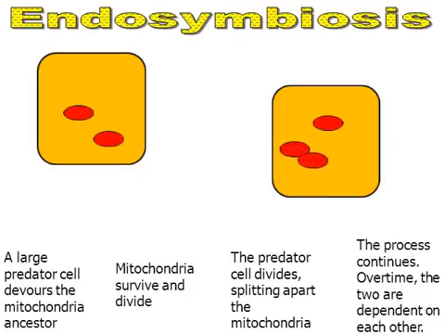So the mitochondria ancestors keep multiplying, and then the orange predator cell divides in half. And over time, over millions and millions of years, the two have become so dependent on one another that they can't survive without them. So this is what the endosymbiosis theory tries to explain, how cells became more complex. How did we obtain certain cell parts? And this is the explanation for how we think the mitochondria was obtained.